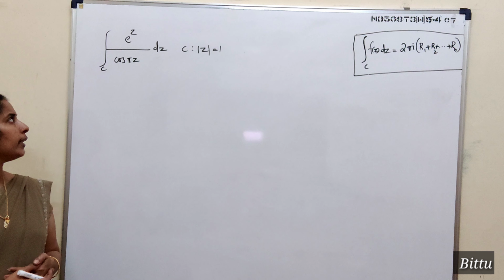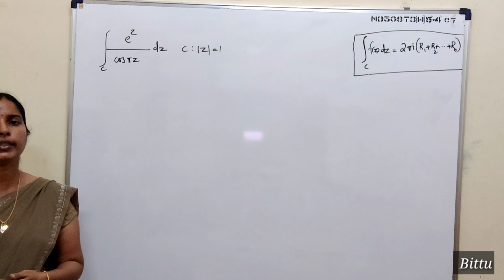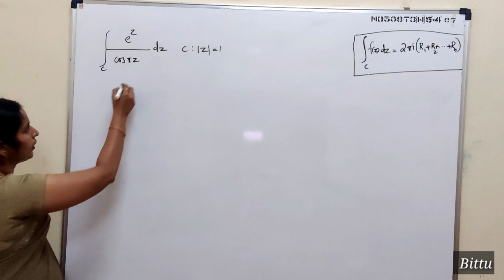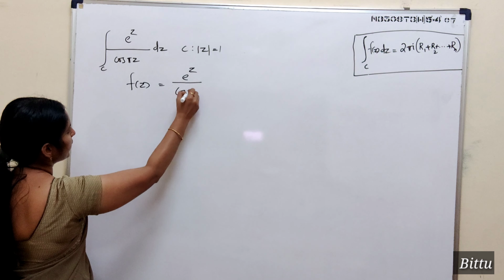Next we have to evaluate the integral over C e raised to z by cos pi z, where C is mod z equal to 1. You consider f z as e raised to z by cos pi z.